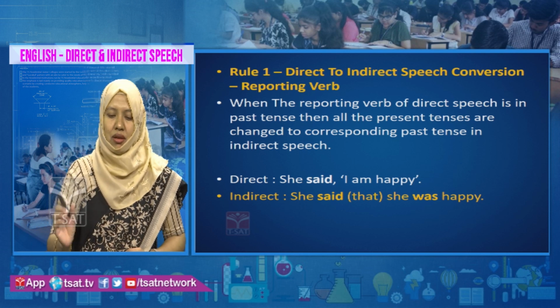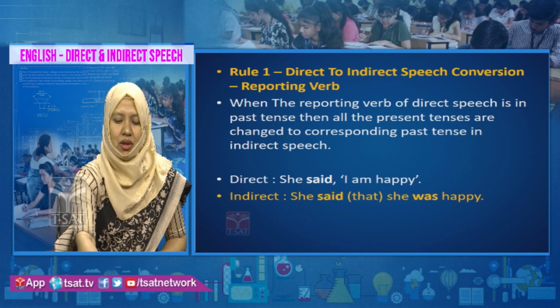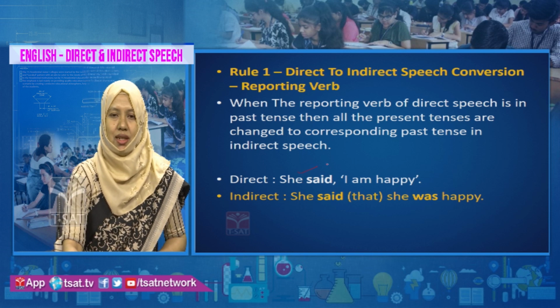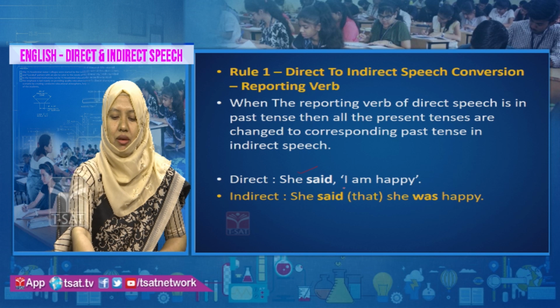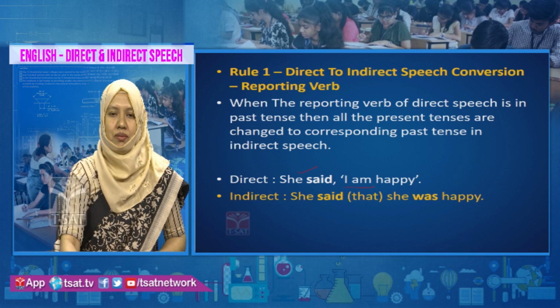In direct speech, the sentence is, she said, "I am happy." Here, verb am is in present tense.